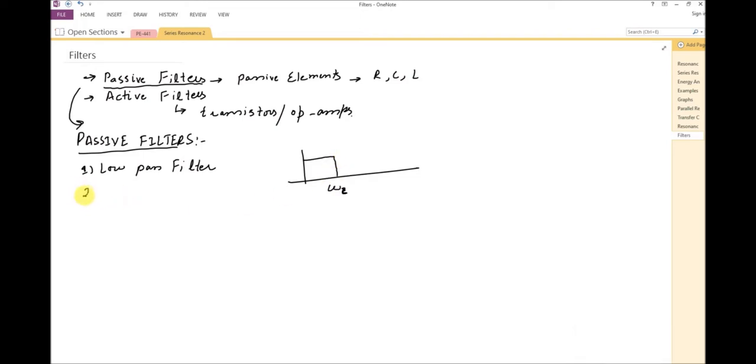Then the second is the high pass filter. It is just the opposite of the low pass filter. If I have to draw it on another graph, it will allow the signal values having frequency greater than the cutoff frequency, but before that it will filter out the gain values before the cutoff frequency.